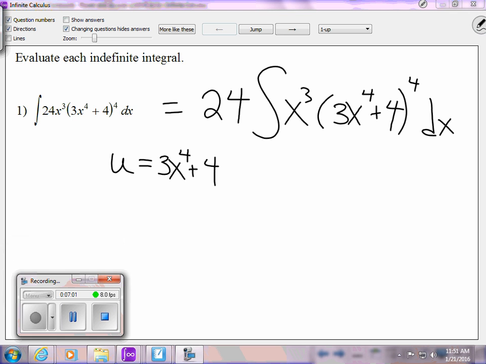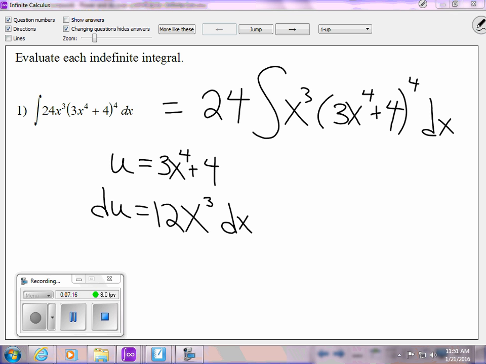And you get du dx, and then you can get du from that. You have to take the derivative to go from u to du. And so what would that be? Yes, excellent.